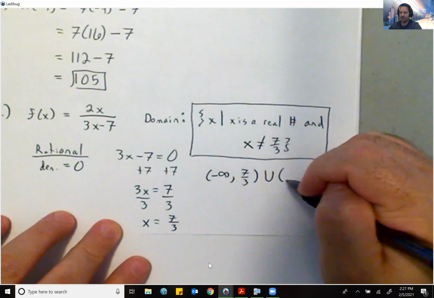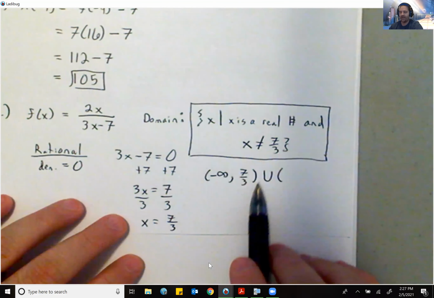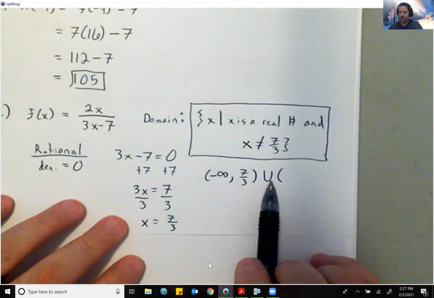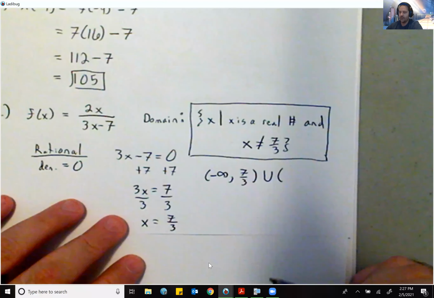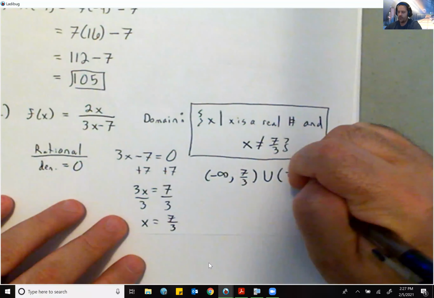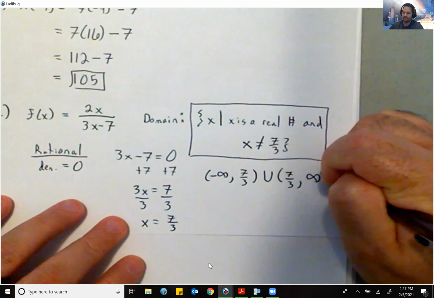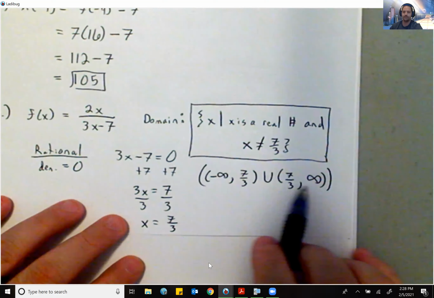I teach that it's like we're jumping over the number, and it almost looks like you start spelling the word jump, J-U. We jump over our number and then pick up on our merry way towards positive infinity. So that's what the interval notation looks like.